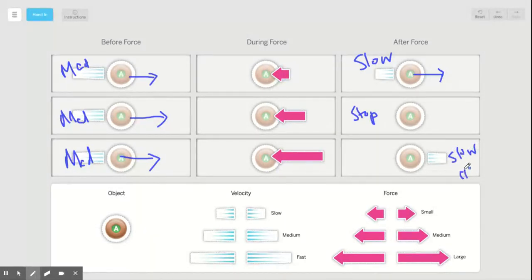Whenever you have a change in direction, you're always going to have a slowdown. Think about your experiences in cars. When the car is turning, you are automatically trying to slow down. Change in direction.